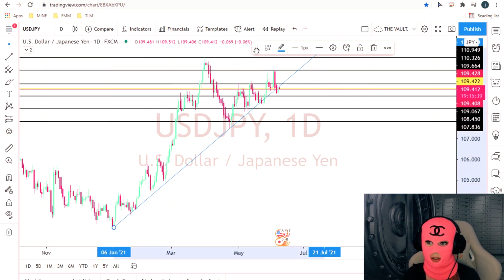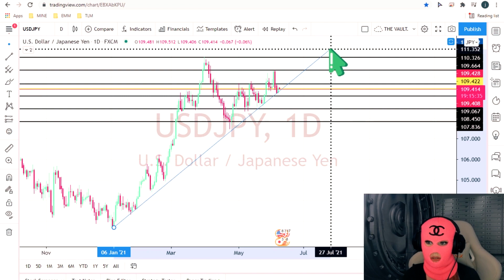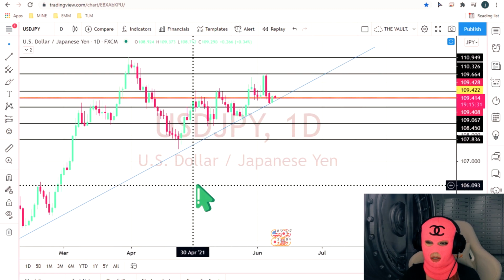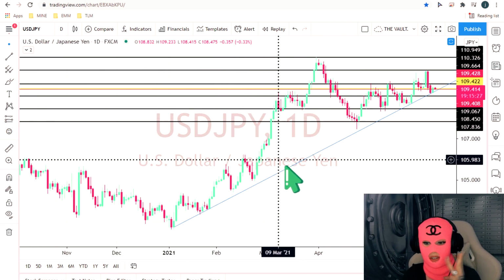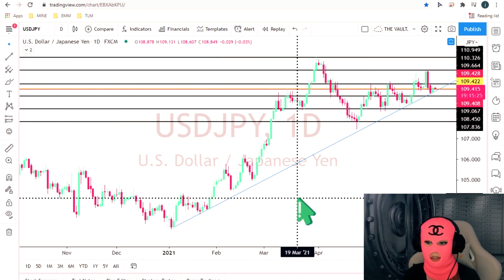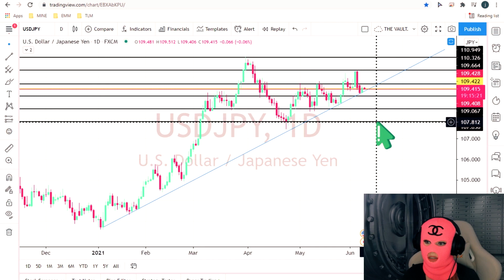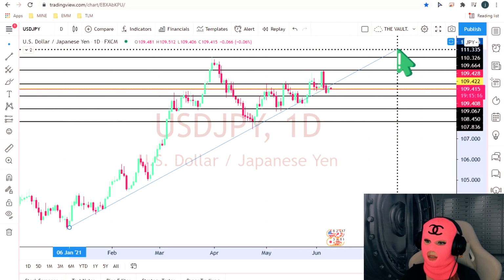It would be valid. What you need is 2 significant points of touches for you to draw a trend line. What you need to validate a trend line is 3 significant points. Here's 1, 2, 3, 4. If I were to tighten it up like I prefer it, here's what I would do.